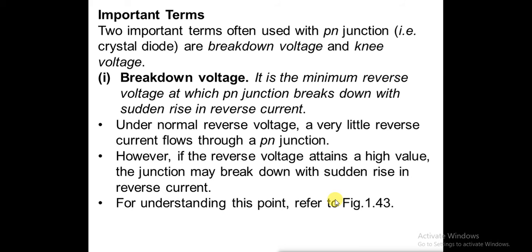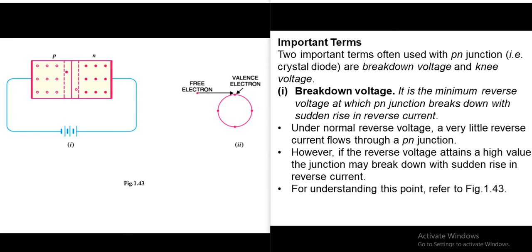We will refer again to the diagram. As shown in this diagram, the PN junction is reverse biased. And if the reverse bias is very high, there will be a sudden rise in the reverse current.